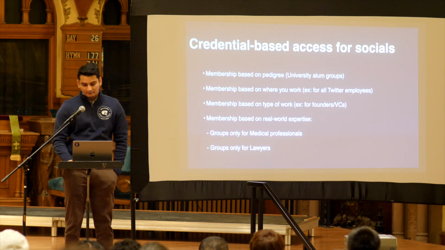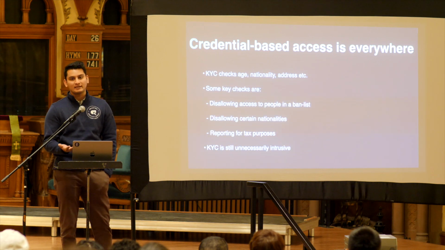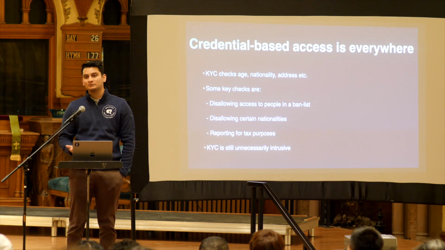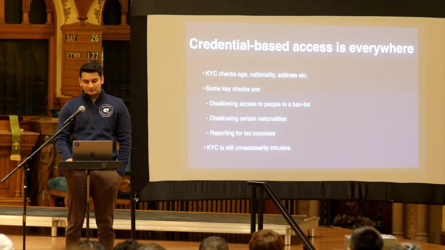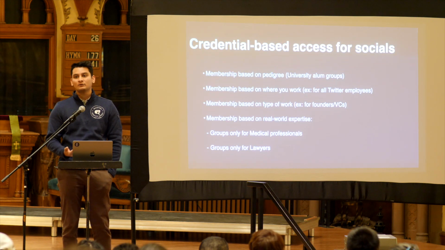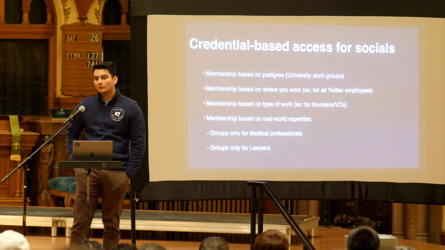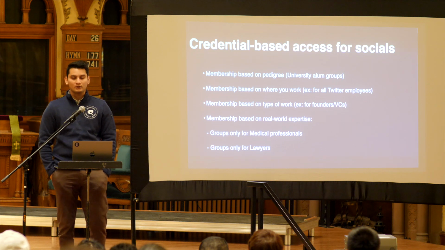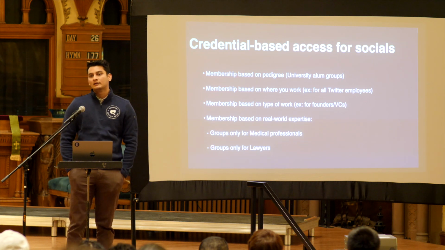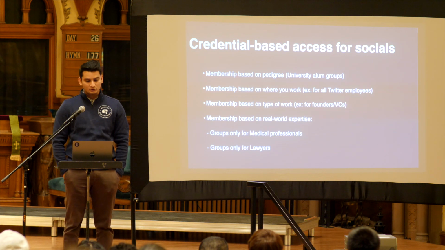And perhaps deploying zero-knowledge proofs for KYC is a very high-stakes problem, right? Because if things go bad, you can end up violating legal requirements and get in legal trouble. So a nice place to try these things out and fix all the bugs is social access, right? Imagine you have a social media group which is fully anonymous, but you allow people to form small groups based on their pedigree.